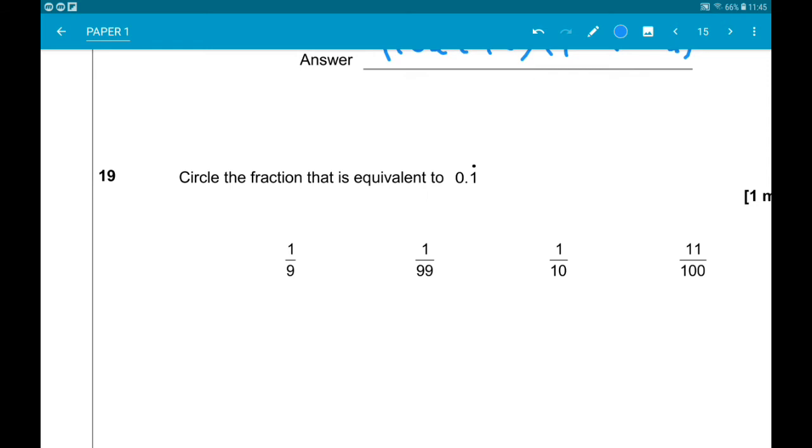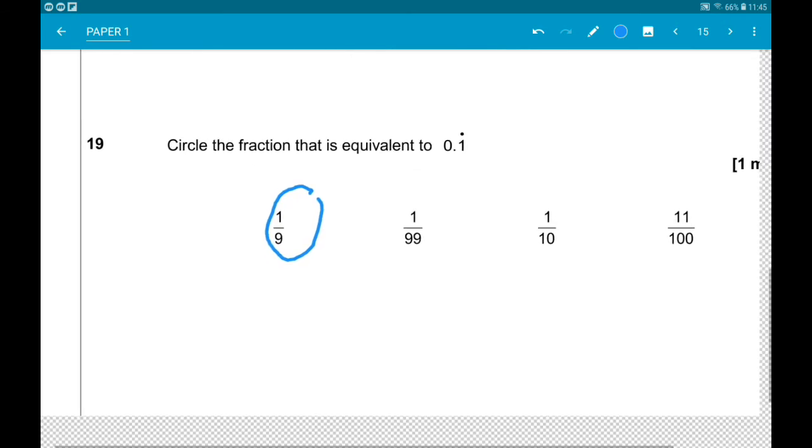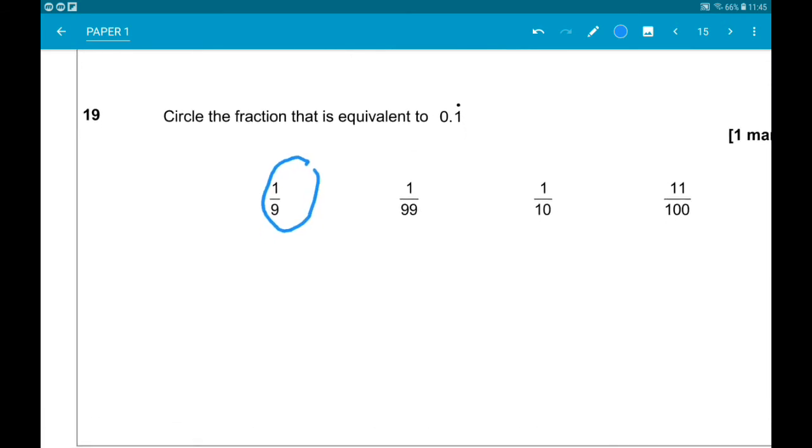So here it's just going to be 1 over 9. If you had something with two recurring digits, so something like 0.23 recurring, that then is 23 over 99.